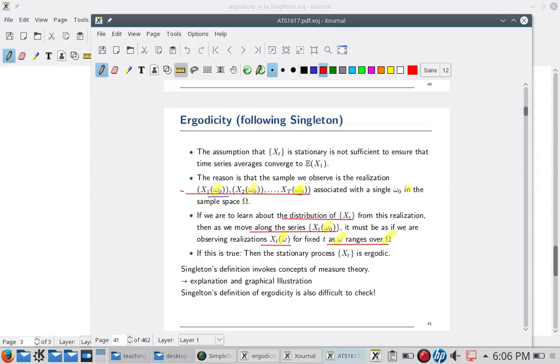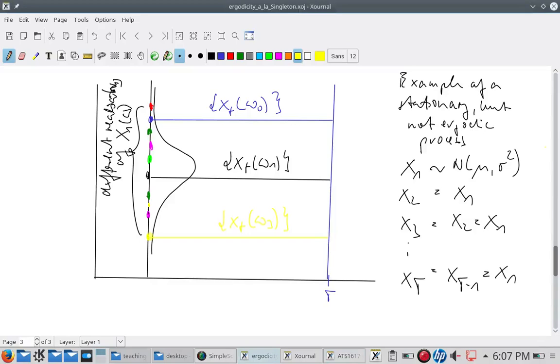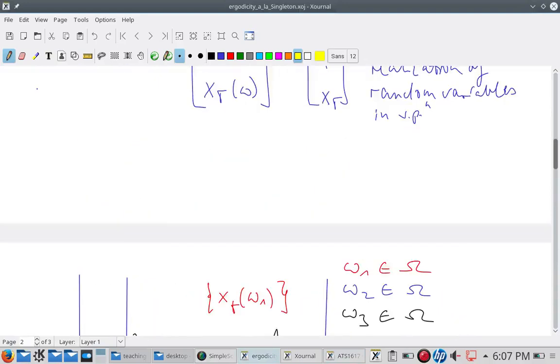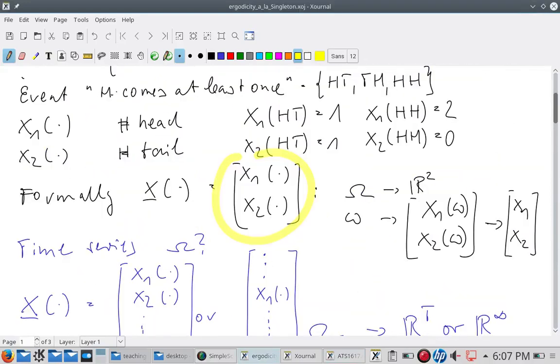It's easier to check a condition that is concerned with Hamilton's definition of ergodicity, and we'll come to that point in the lecture. I recognized one little error in the notes of the first video, so I'd like you to correct that in your notes. This arrow here should actually be an equal sign.